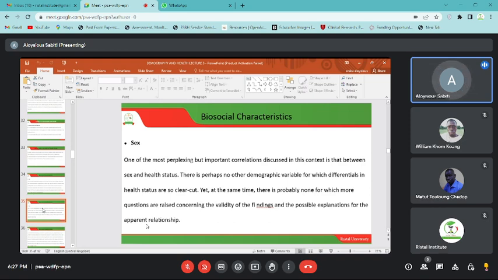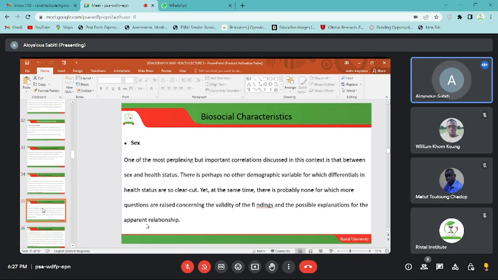There is perhaps no other demographic variable for which differentials in health status are so clear. Yet at the same time, there is probably none of which more questions are raised concerning the validity of findings and the possible explanations for the apparent relationship.